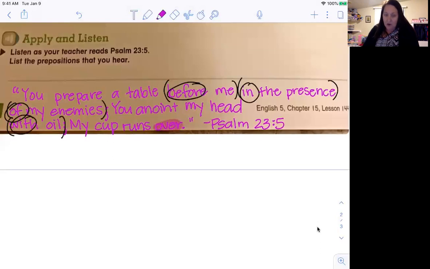I just made it a little darker, but it does end the sentence. So the four prepositions are before, in, of, and with.